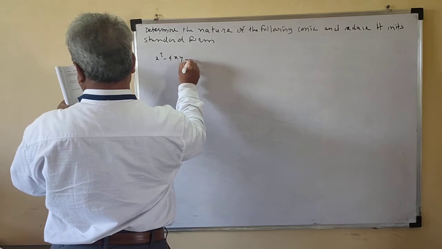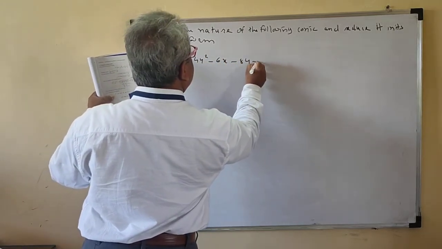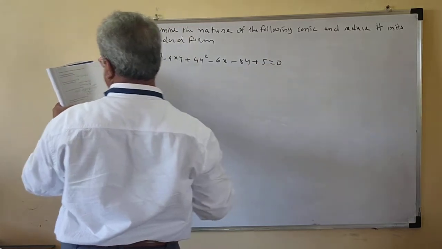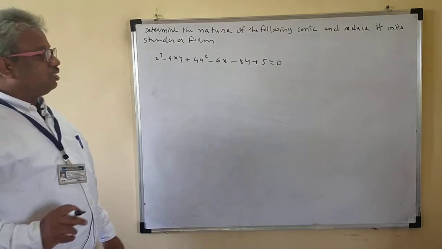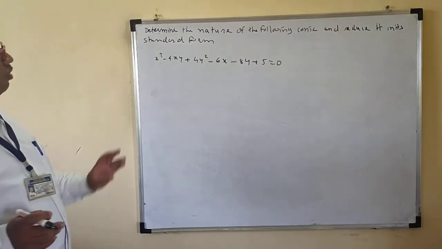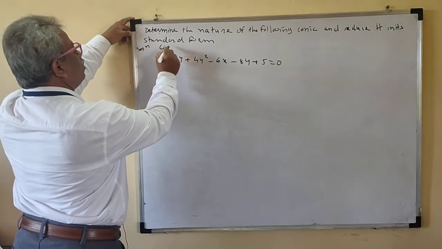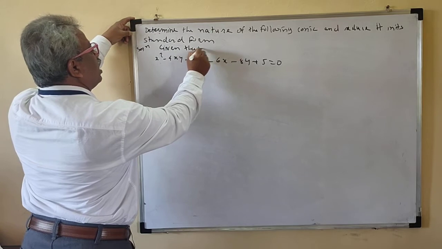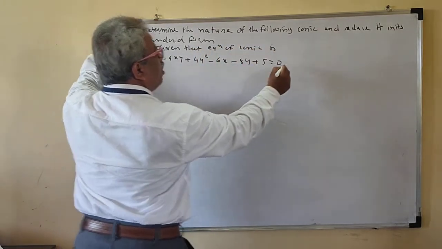Write that equation: x square minus 4xy plus 4y square minus 6x minus 8y plus 5 is equal to 0. We have to reduce this equation into its standard form. First we have to identify the nature of the conic. Solution. Given that the equation of conic is, we call this as 1.